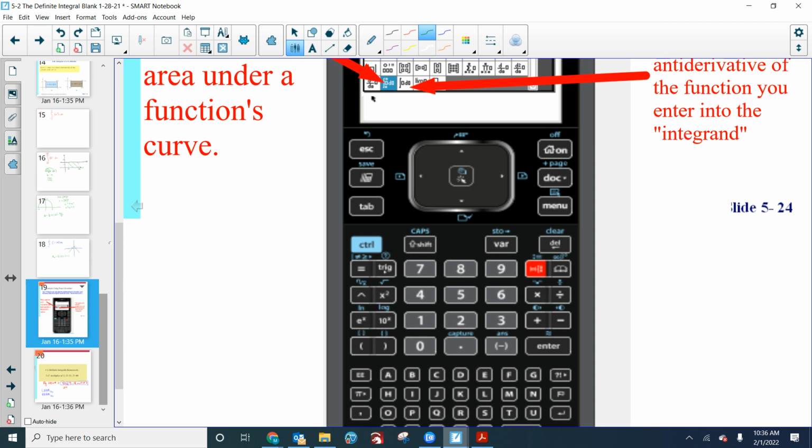So number one, consider the constant function f of t equals 4. Do you notice how the lower bound is 1 and the upper bound is x? That's because that upper bound is going to be sliding to the right or to the left. Can you see that? Part A says, using geometry, compute the integral from 1 to 2.